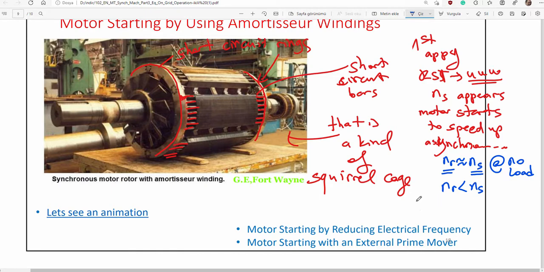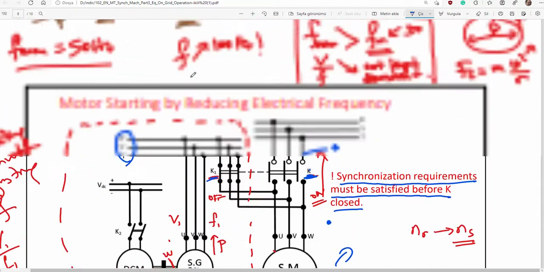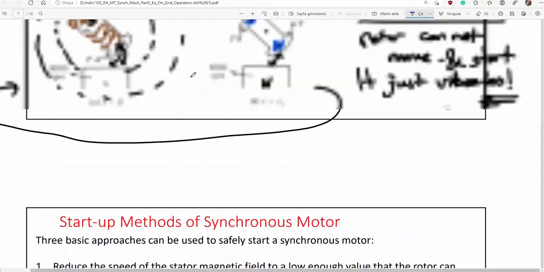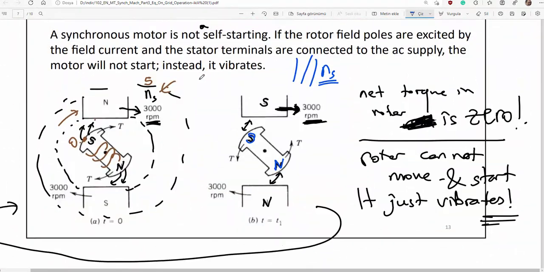And then as a second operation, apply DC to the rotor. Before applying DC, what is happening inside the machine? Let's imagine. Now you have applied three-phase AC to the three-phase stator, and there is a rotating magnetic field, and due to the squirrel cage construction in the rotor, the machine has started up, sped up, close to synchronous speed.